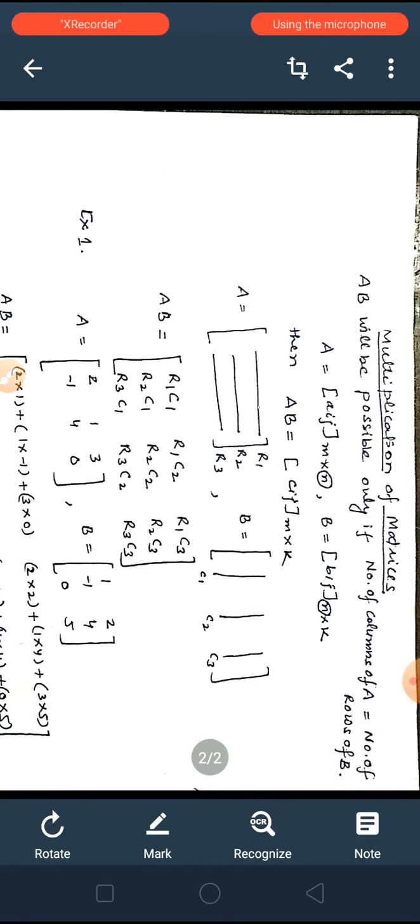Have a look. Here is the condition for matrix multiplication.